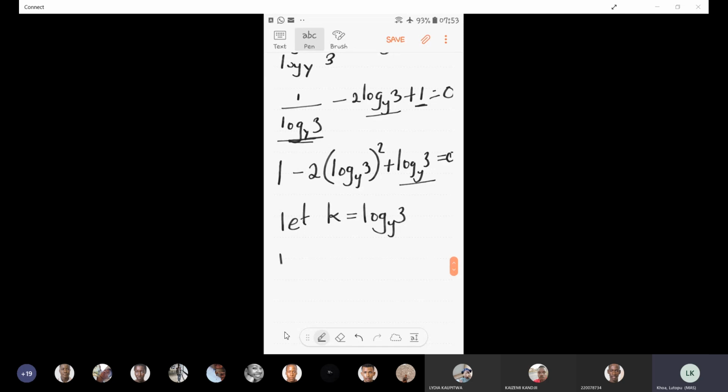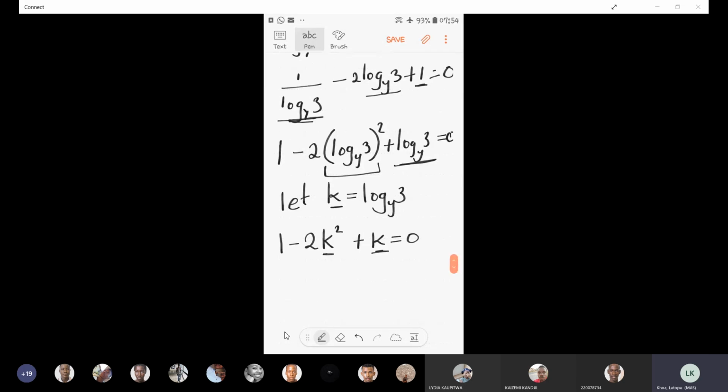Then I have 1 minus 2k squared plus k is equal to 0. When I substitute that, I get minus 2k squared. And over here, I have log base y of 3, which is k, and that is where these two come from.